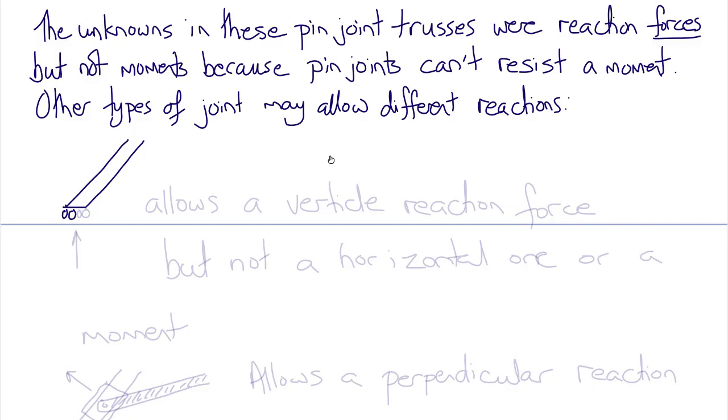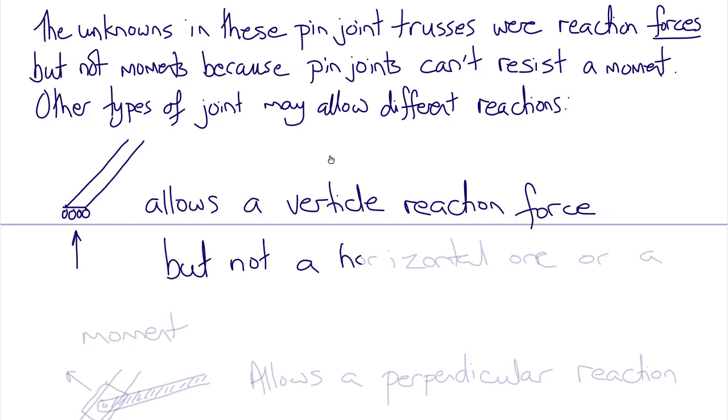A support with rollers on a fixed surface allows for a vertical reaction force, but not for a horizontal force or a moment. So in 2D there would only be one reaction, or in 3D.